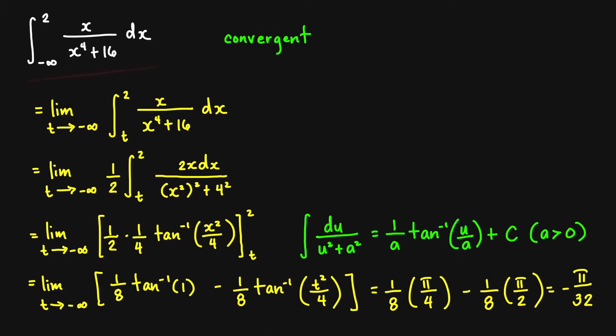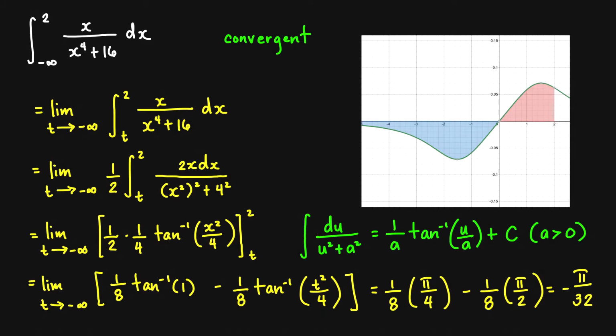Now, how do we interpret the value of this improper integral geometrically? If we look at the graph of this integrand, we'll get the following. If we consider the graph over the interval negative infinity to 2, we have this region that is bounded above by the function, and this region bounded below by the function.